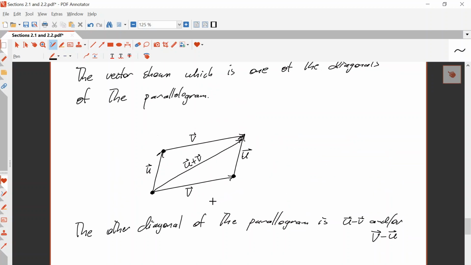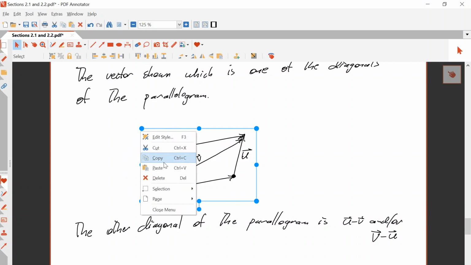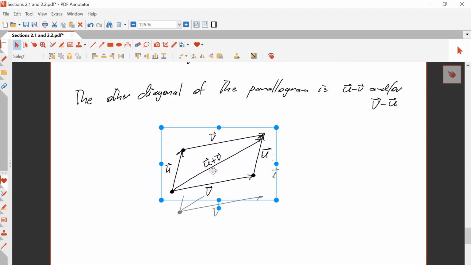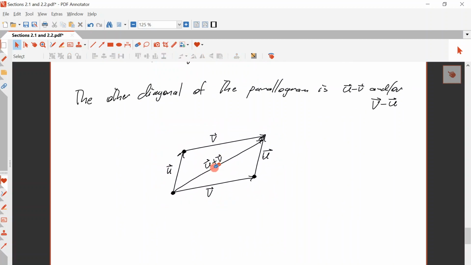Here's this parallelogram again. Now, this vector here, this is v plus x equals u.